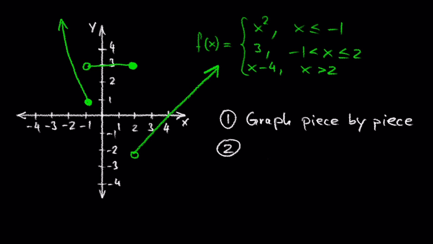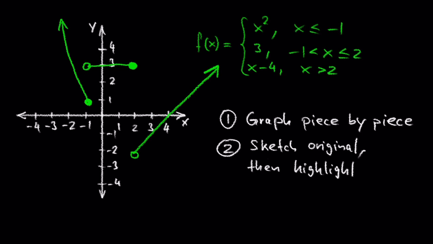The easiest way to graph the pieces is to think of or sketch the original function and then highlight that part which is in the domain. If the function goes to infinity, we put an arrowhead.